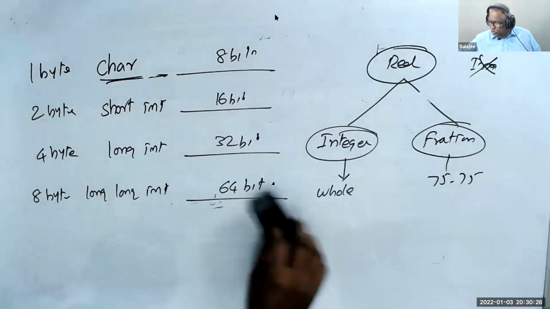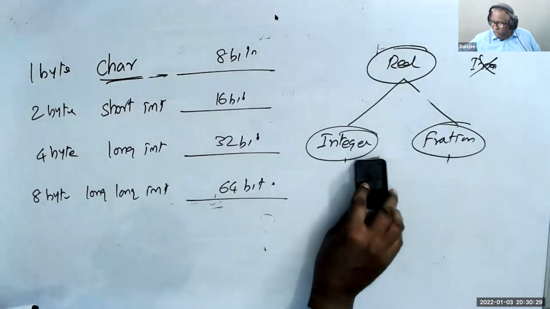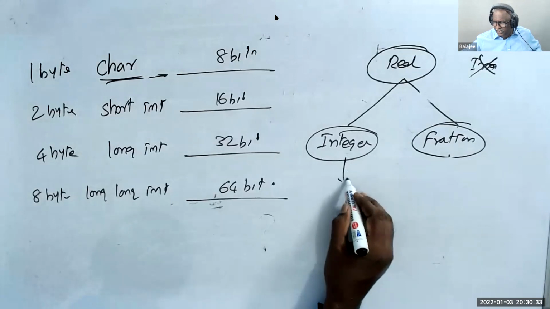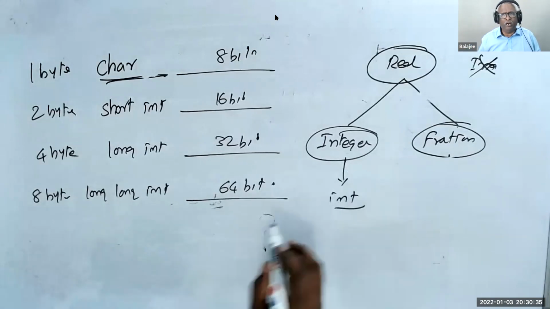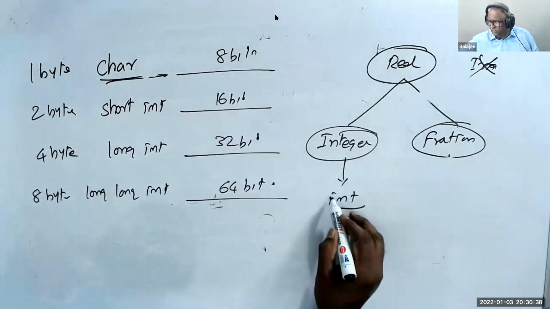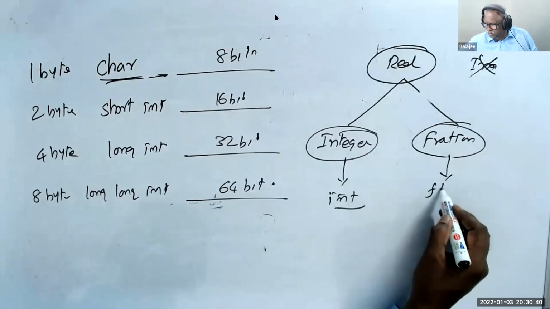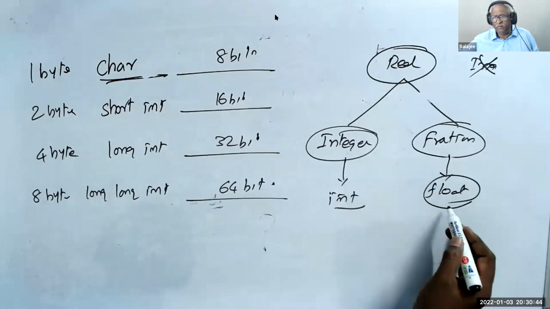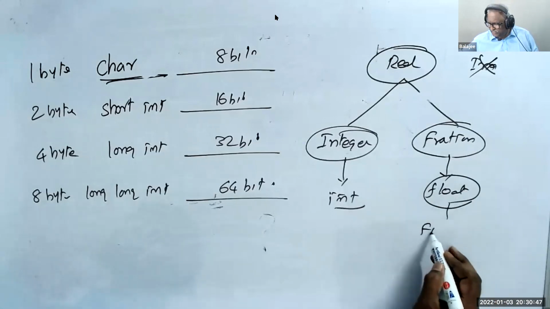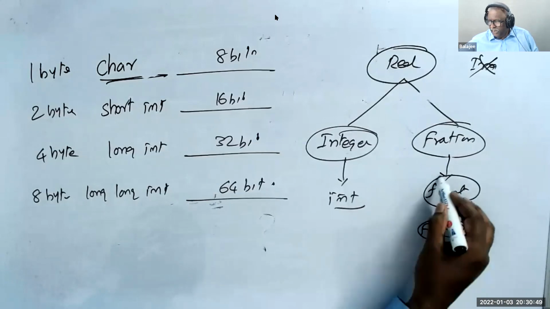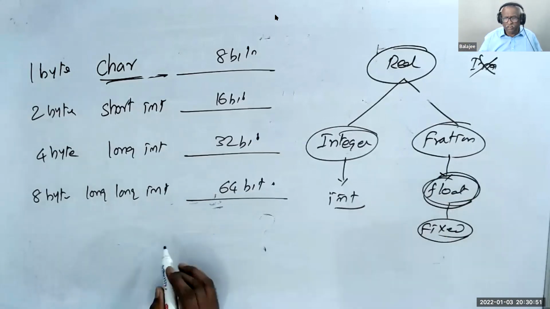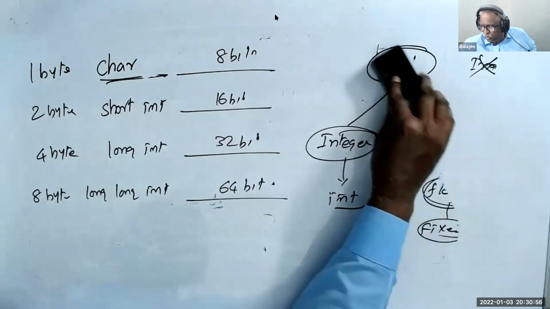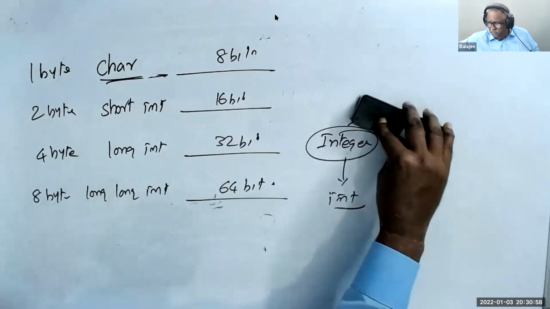So Dennis Ritchie has given 2 options. One is integer, he called int. Unfortunately, fraction he called float. I'll explain what float is later. Float's opposite is fixed. I'll explain why he called the fraction a float. Let us not worry about it now. Now let us worry about integer.